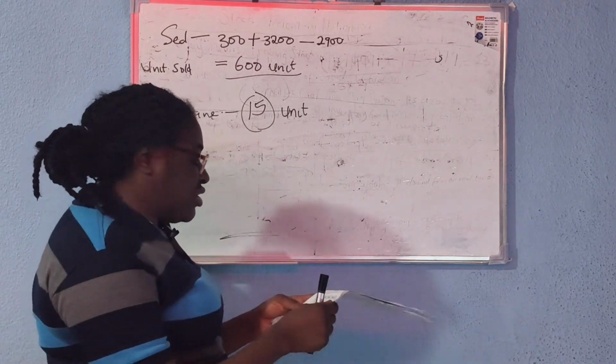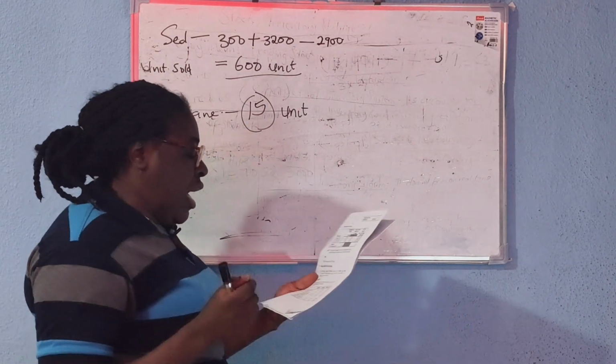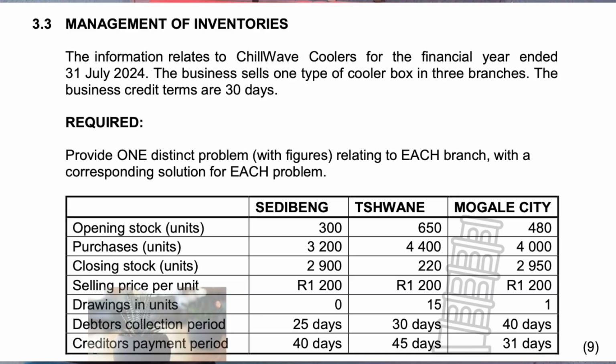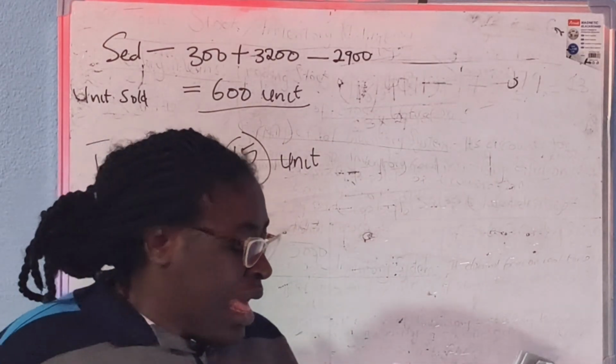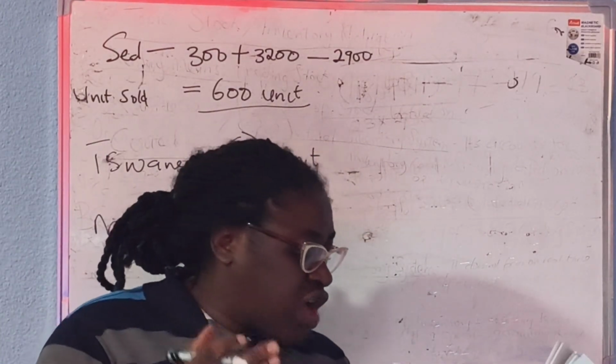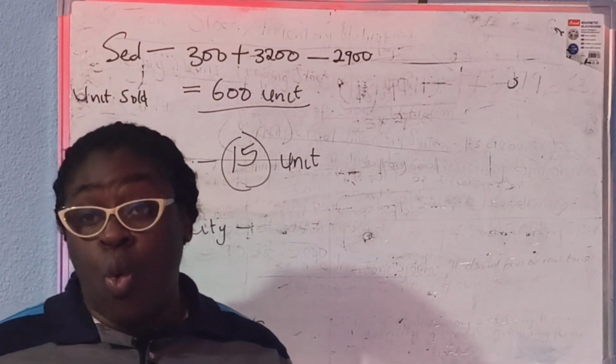And then the last one, Mogale City. If you check that branch, you will find out that their creditors payment period is low.